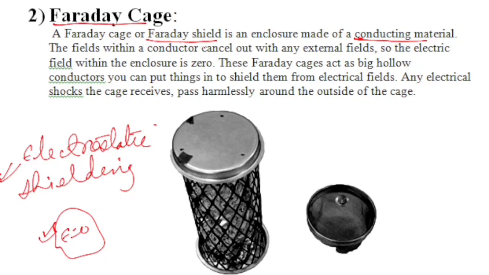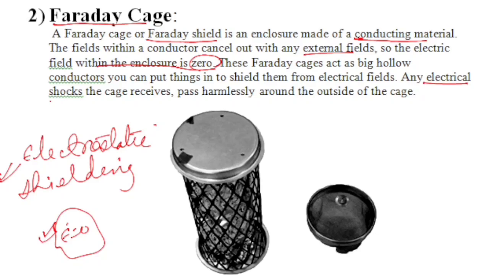The field within a conductor cancels out with any external field, so the electric field within the enclosure is zero, right? This Faraday cage acts as a big hollow conductor. You can put things into it to shield them from electric fields. If you want to protect anything from the electrical effects, you put those things inside this Faraday cage.